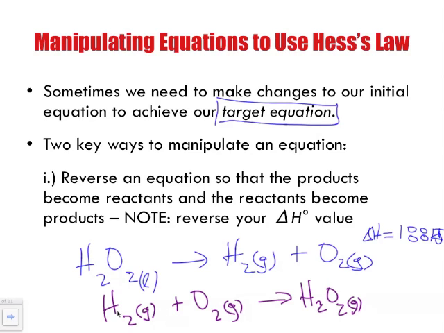But now if we do this reverse, all of a sudden we also need to change our change in enthalpy to accommodate the reverse. So going in this direction, we are going to have an endothermic reaction. But if we go in the opposite direction, we're going to have an exothermic. So it'd be minus 188 kilojoules.